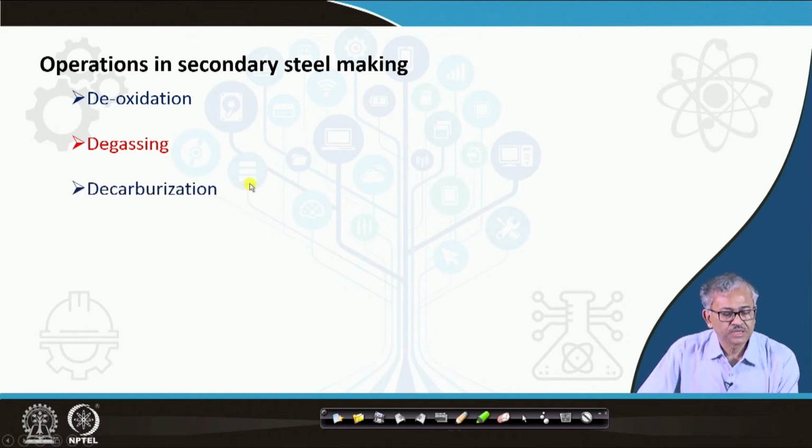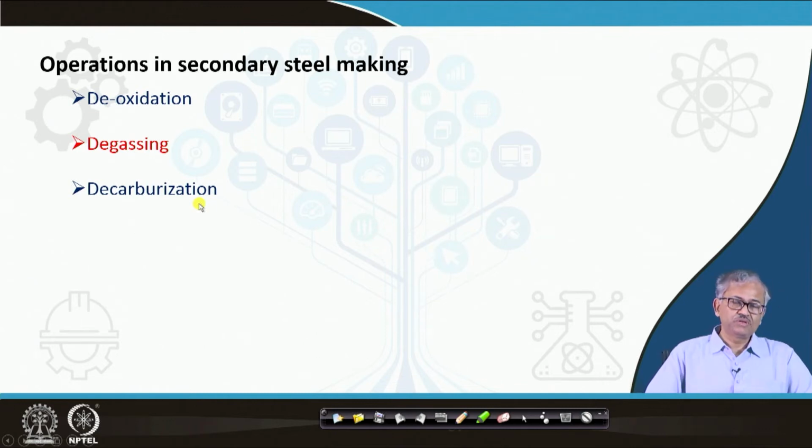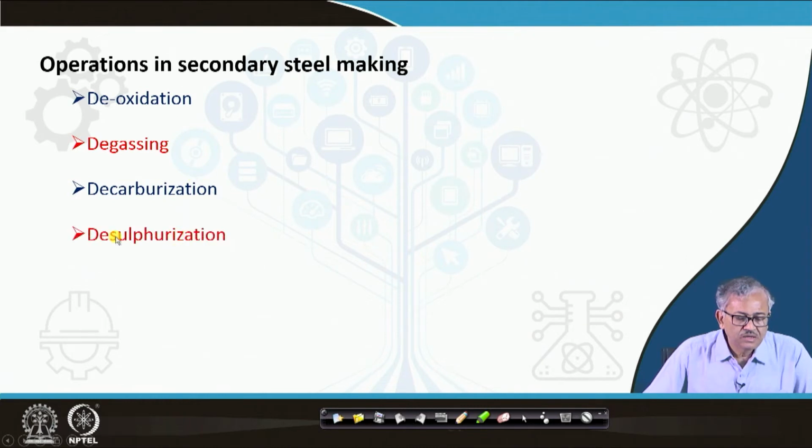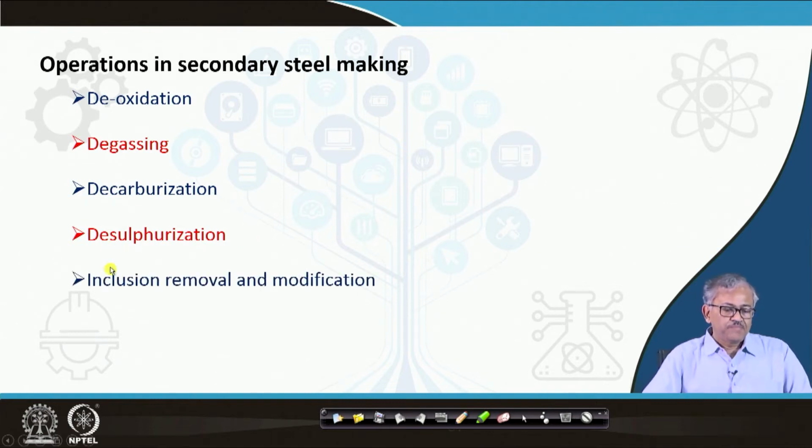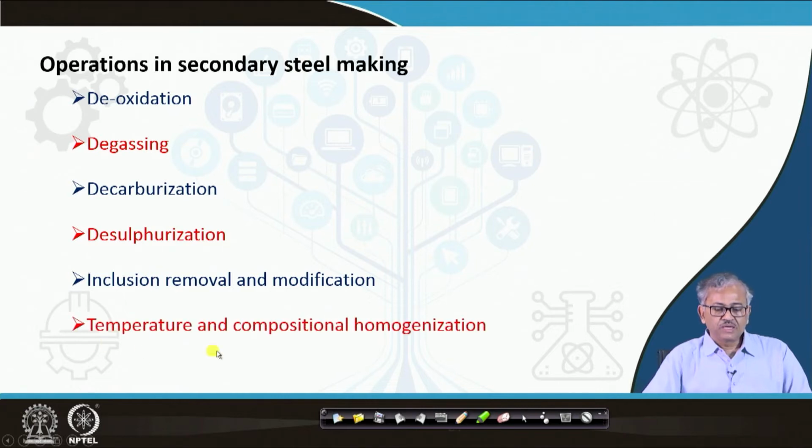You can do deep decarbonization by oxygen blowing. You can lower both the carbon and oxygen under vacuum, by oxygen bottom blowing, that is called decarbonization. And then desulfurization, which you can do by synthetic slag treatment in the ladle, then inclusion removal and modification, which we just indicated, and then temperature and compositional homogenization.